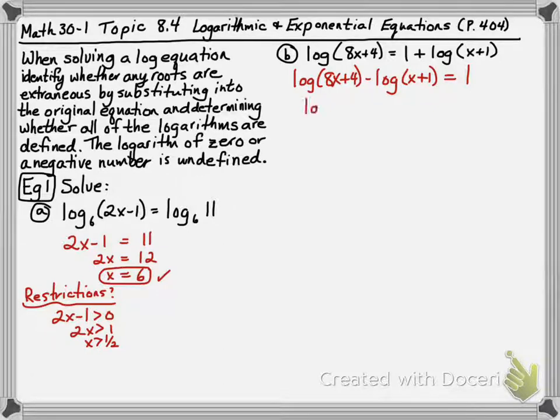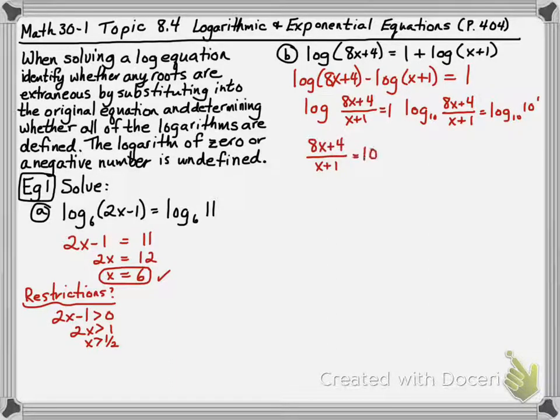Now, the log of 8x plus 4 over x plus 1 is equal to 1. And if we apply the log rules, you can take away the log and say that's going to be 10 to the power of 1, applying the log to both sides.